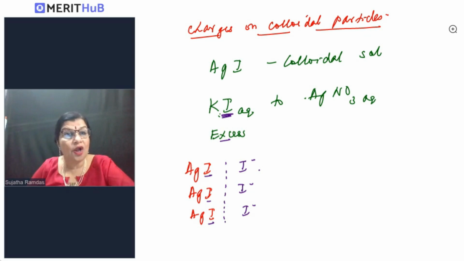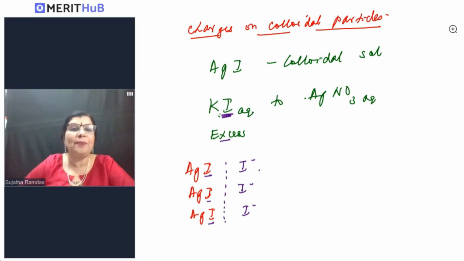Why iodide ion? Because the excess electrolyte is potassium iodide, and the ion common between the colloidal particle silver iodide and the excess electrolyte is the iodide ion. So the iodide ions are preferentially adsorbed by the colloidal particles.